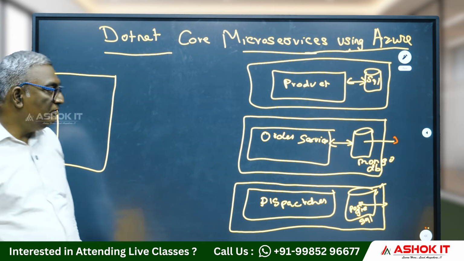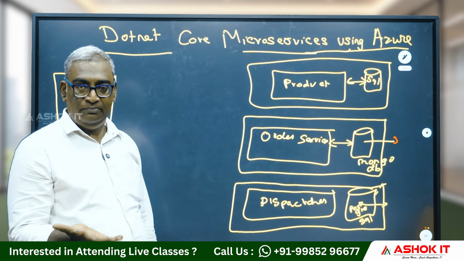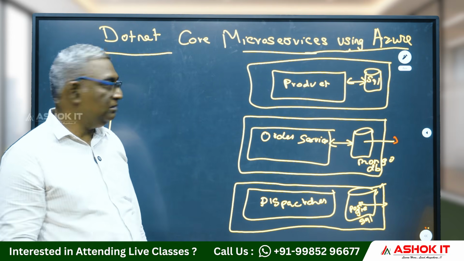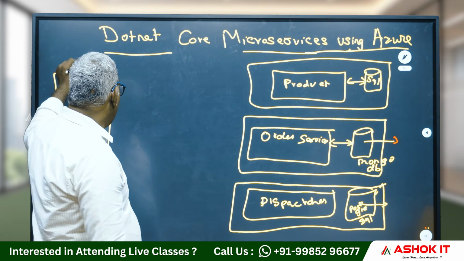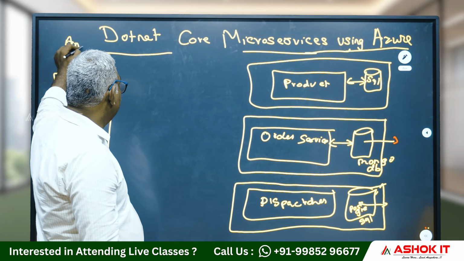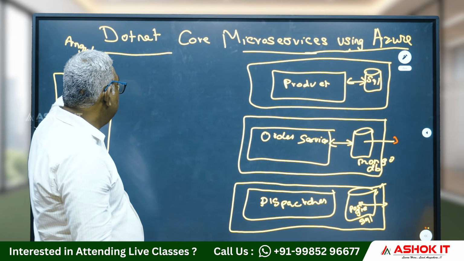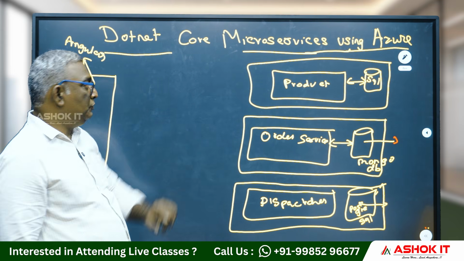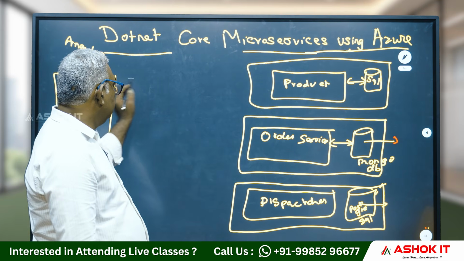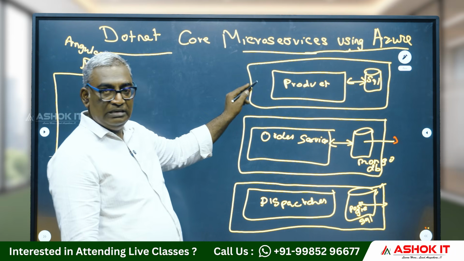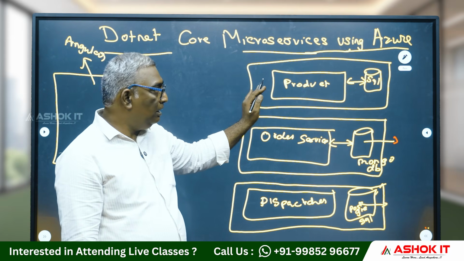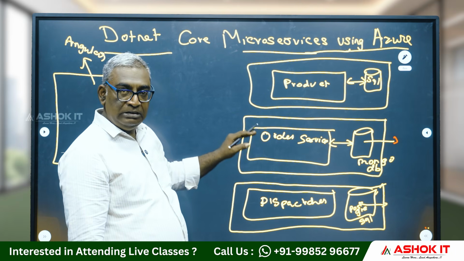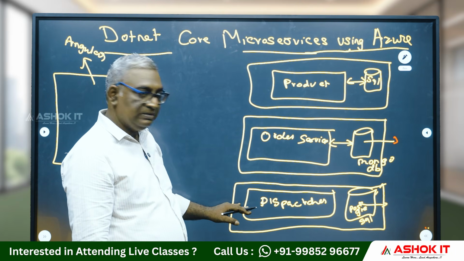People will use either Angular or React. So I have an Angular application built. Now I want to pull the data. Let's say I want to create an order. When I create an order, it will talk to the product service to check whether the product is available or not. If the product is available, it will make an order. Once the order is successful, it has to make a dispatch.